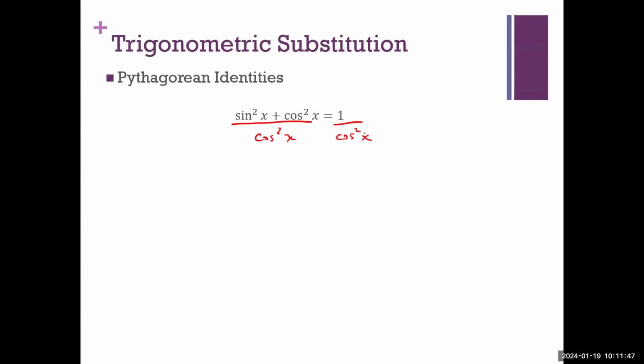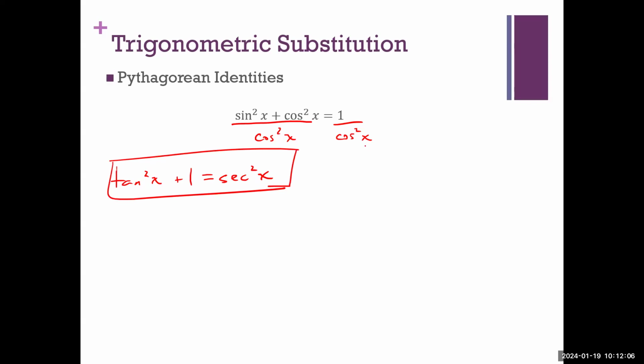So if I make that division, what happens? Sine squared of x over cosine squared x plus 1 equals secant squared of x. How do you feel about that? So this is another one that has uses as well. It looks very different, but really comes from the same place.